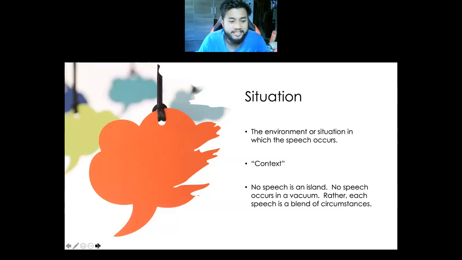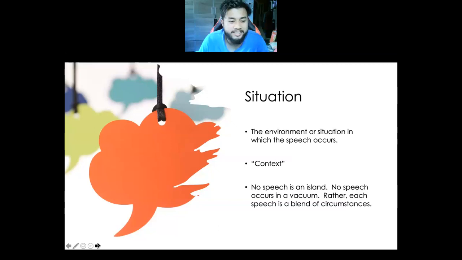Normally a speech is given in certain surroundings and environments. For example, the United Nations. All the leaders of the world need to go there to give speeches and keynote speeches, for example. So the context of the situation involves a more serious, worldwide and global context.